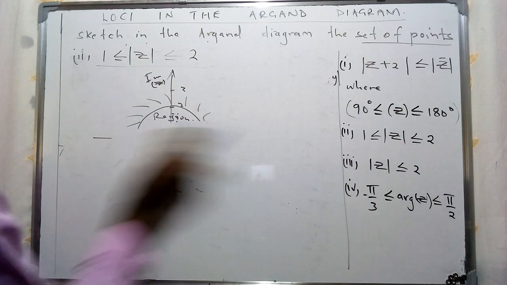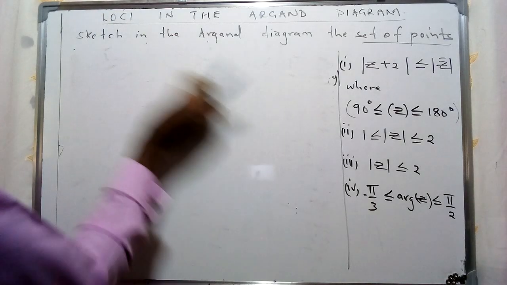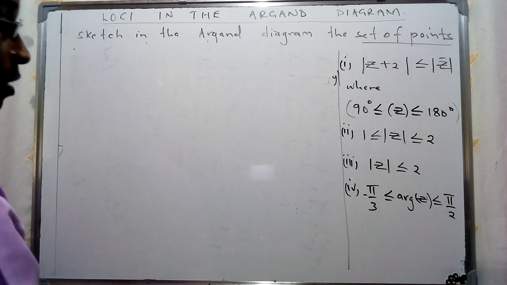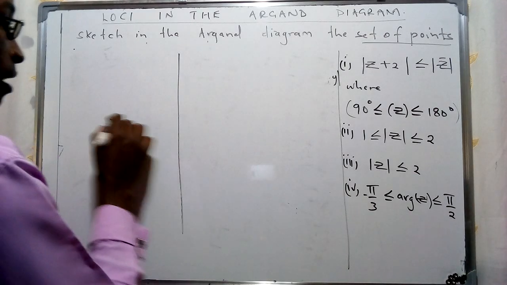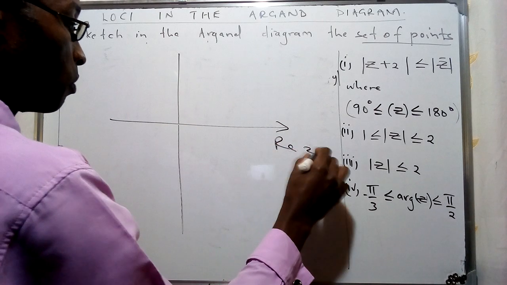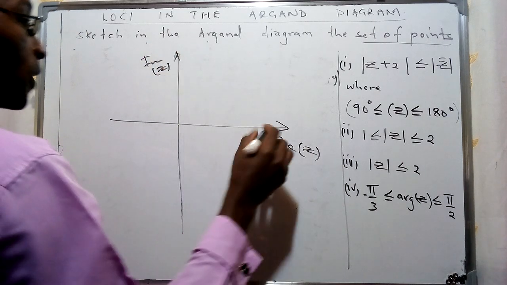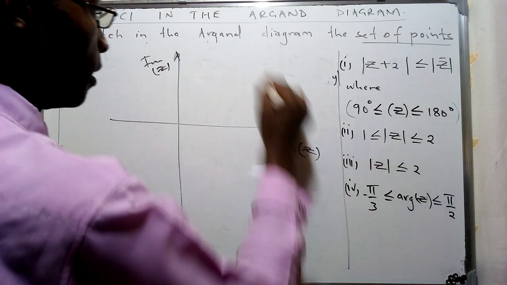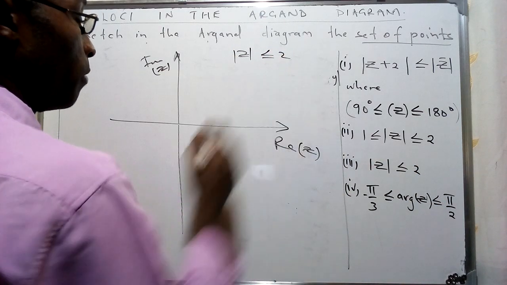So we are going to consider option number 3 and try to see how we can represent this set of points on the Argand diagram. So this as well is going to be a representation on the Argand diagram using these two specific components which I've said for real and imaginary. So we are going to consider the case of the magnitude of z, which is smaller than or equivalent to 2.